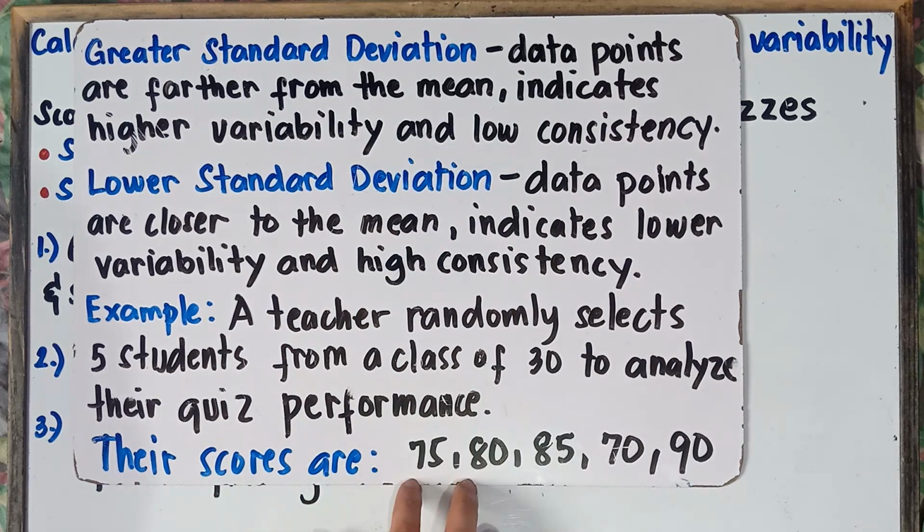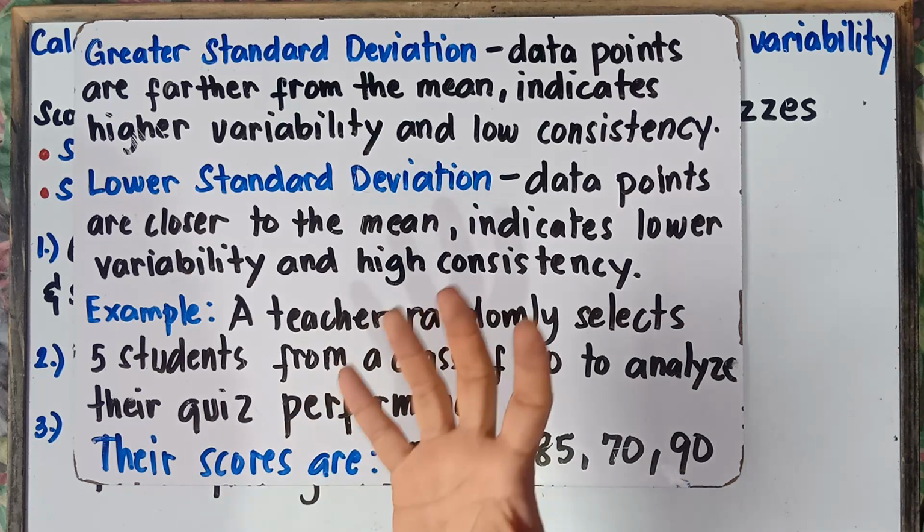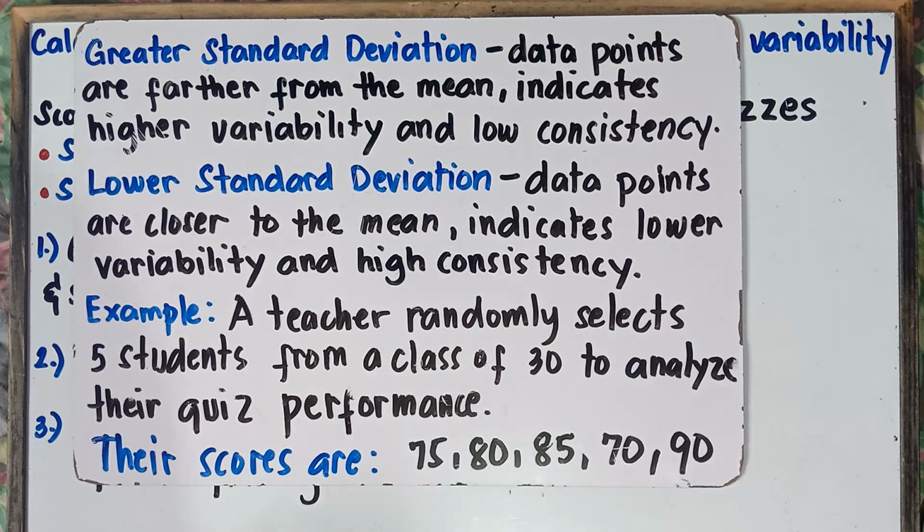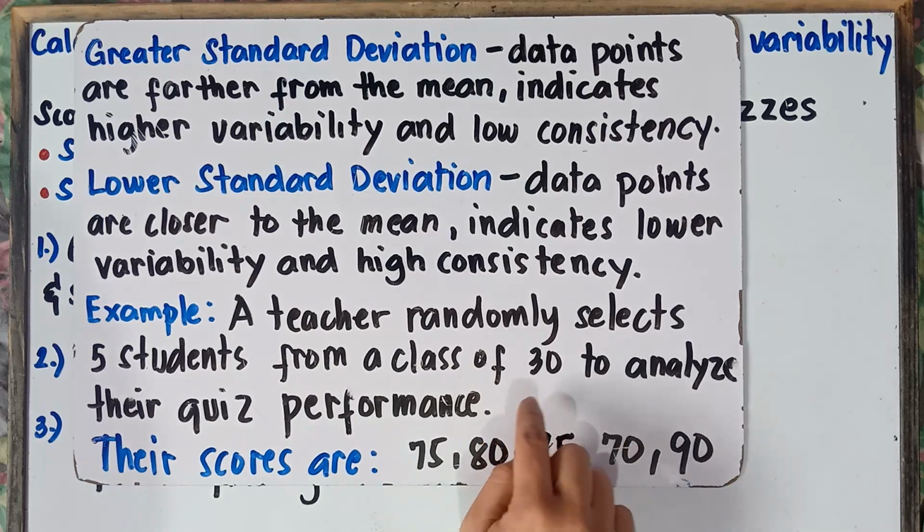These are the scores: 75, 80, 85, 70, and then 90. Since we only select 5 students out of 30, we will be using the sample standard deviation with this example.